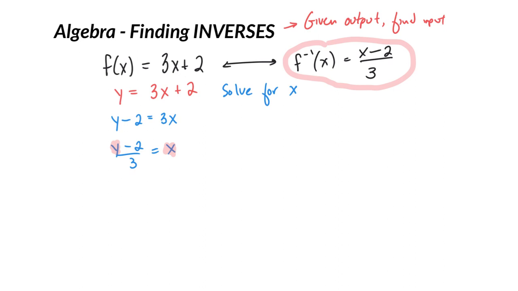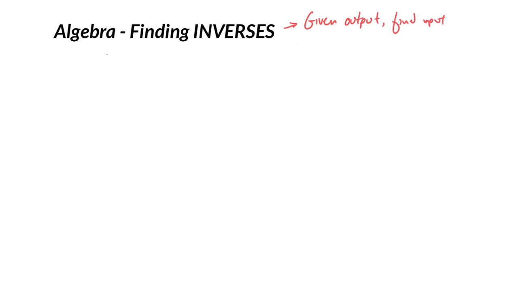Okay? Let's do a couple more examples. Let's say we had something like this. Well, first thing I would do if I'm going to solve for x is I would subtract 5 from both sides. And now I would multiply both sides by 3 in order to get rid of that.